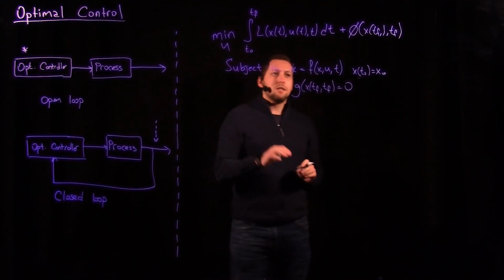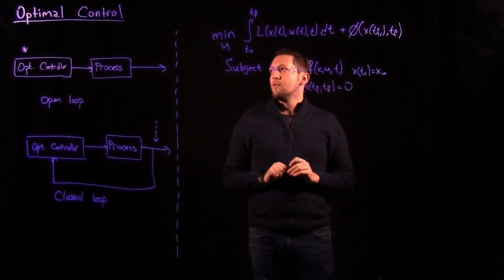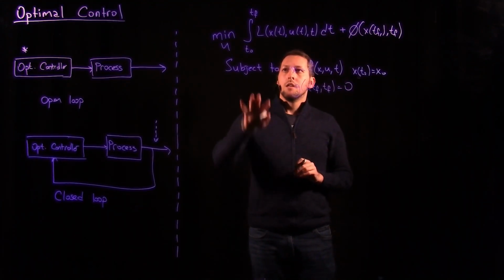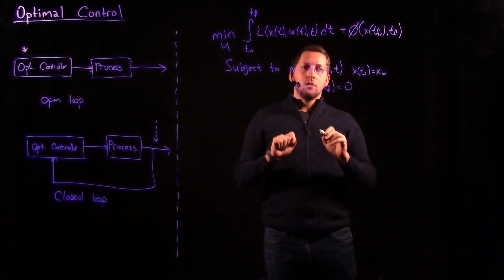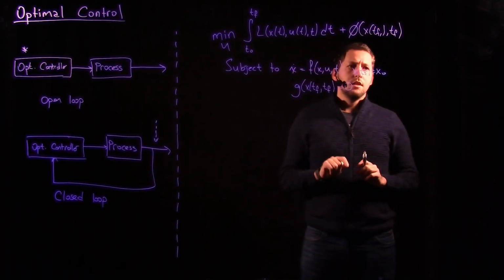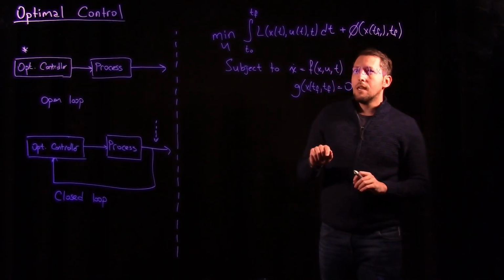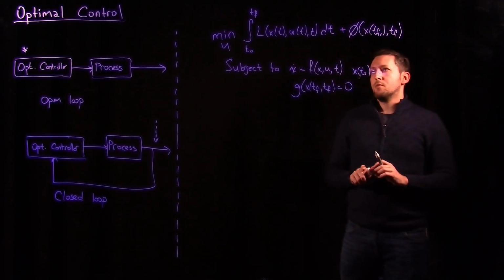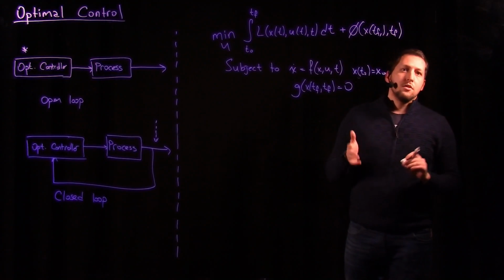As you can see, we have briefly introduced this formulation of an optimal control problem. Here we have the objective function. Here we have our system model, which is a nonlinear model in this case. And here we have the terminal constraints. I would like to note that this is just one type of optimal control problem, so there are various options or possibilities here.